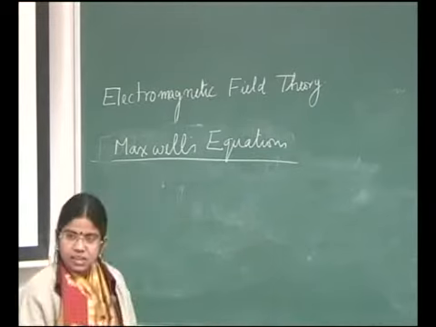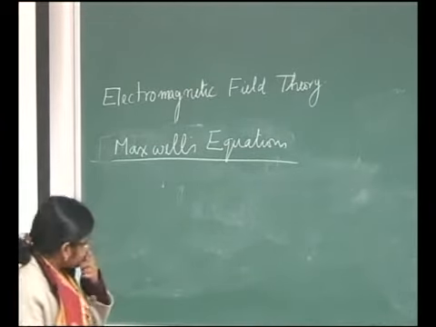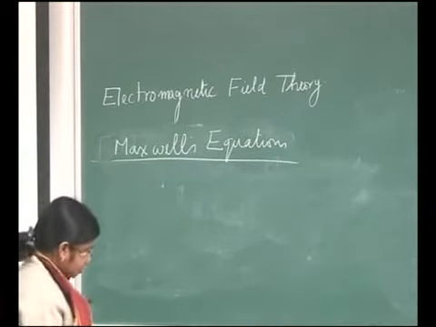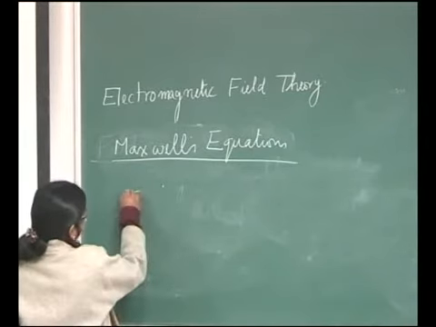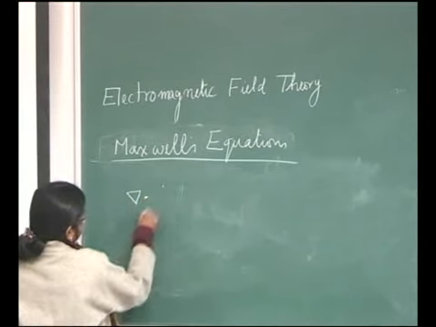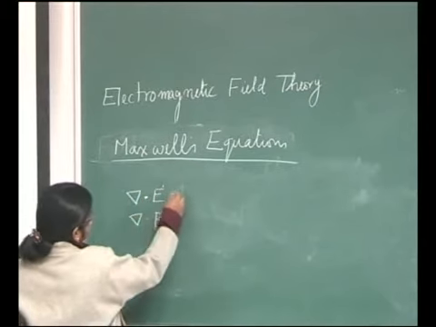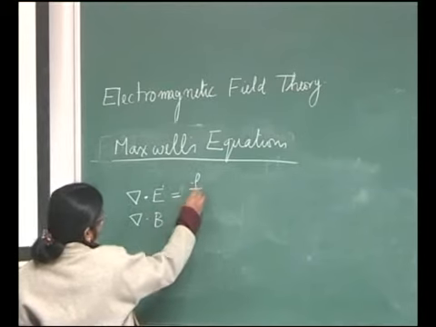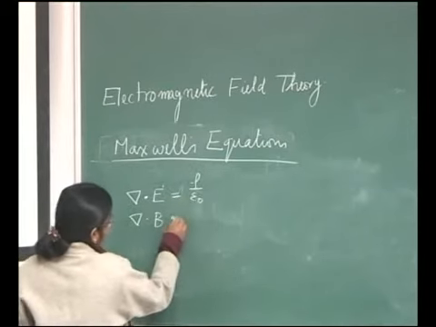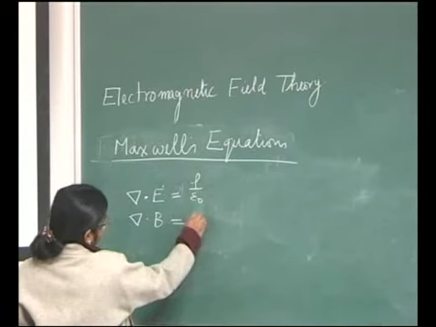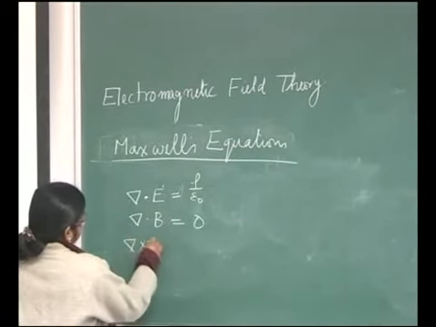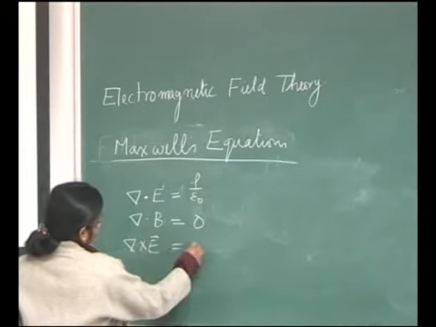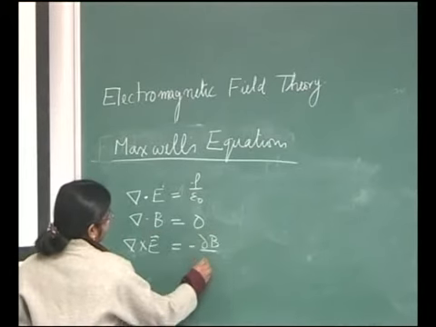We will do these in detail, but in Maxwell's equations there are only 2 operators which are important. Del dot E is equal to rho upon epsilon naught, where rho is charge density, and del dot B is 0. And del cross E is equal to minus del B by del t.